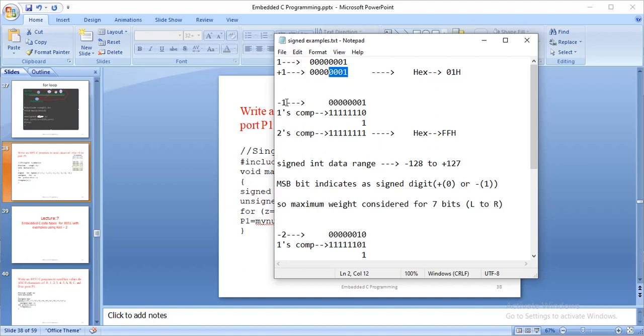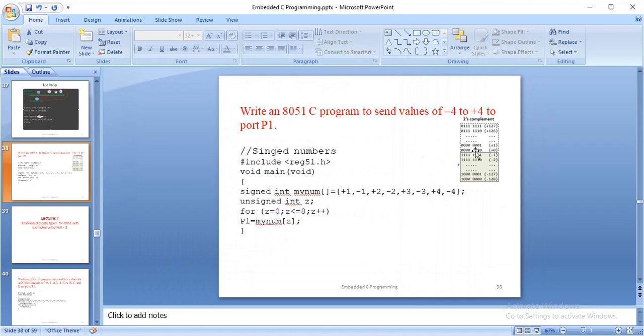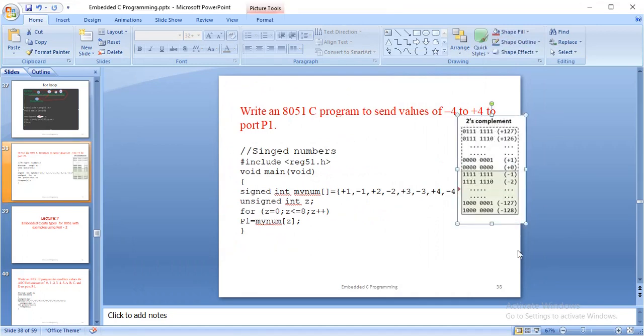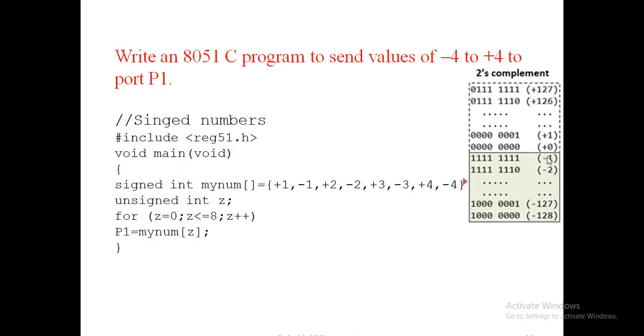Suppose I want to represent minus 1 in 2's complement. The Keil compiler also needs to support negative values in 2's complement form only. That's why I have given it over here. If it is minus 1, you get all ones, 1111 1111. If it is minus 2, it is 1111 1110.